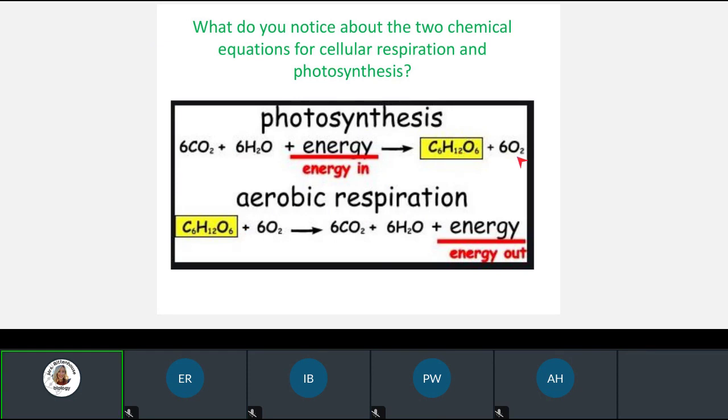We also have oxygen on opposite sides of the equation, and carbon dioxide on opposite sides of the equation, and water. So photosynthesis and cellular respiration have the same goal of making energy for their cells in the form of ATP. But the great thing is that we use opposites.